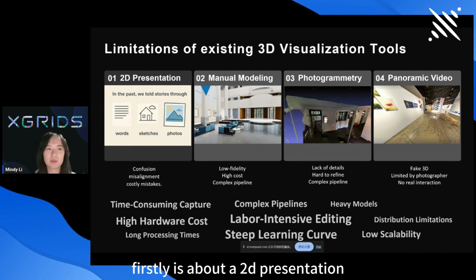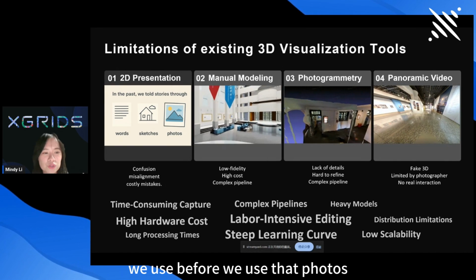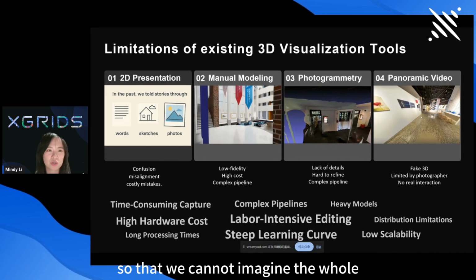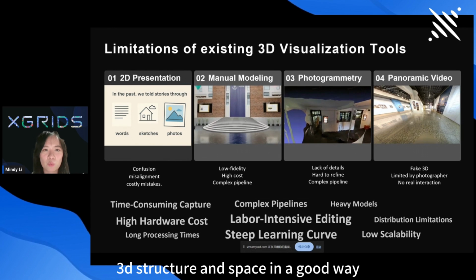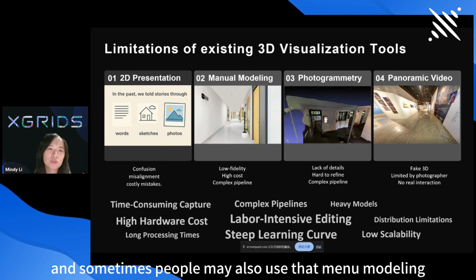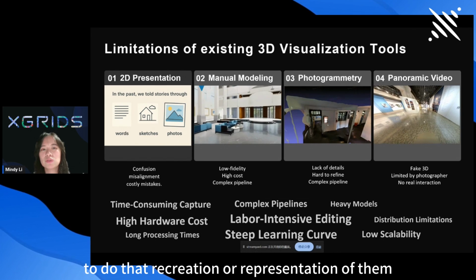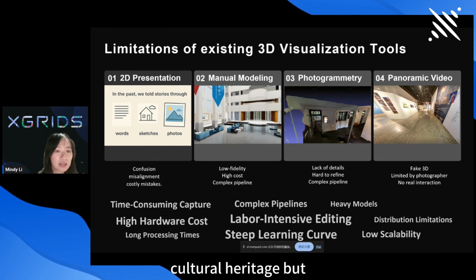Firstly, there is the 2D presentation we used before. We use photos, or inconsistent photos, so that we cannot imagine the whole 3D structure and space in a good way. Sometimes people also use manual modeling, with software like 3ds Max, to recreate or represent the cultural heritage.